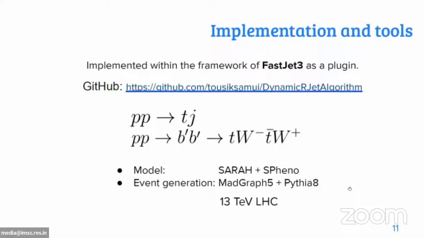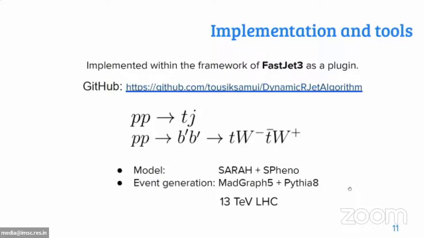One is a proton-proton collision at 13 TeV, where the final state is top and jet. Why did we choose this top and jet? Top will give us a fat jet, whereas J, which is basically a quark or gluon, will give us a narrow QCD jet. So we wanted to see whether we can get two different size objects from a single event.